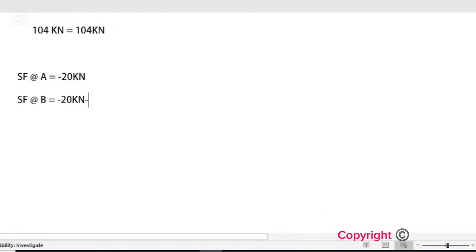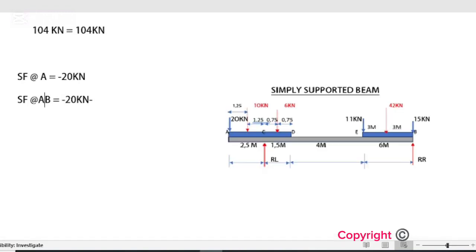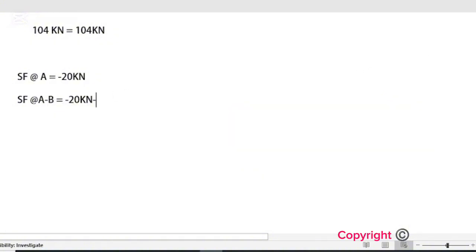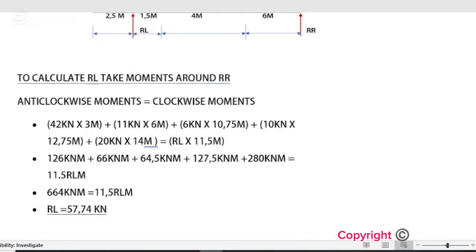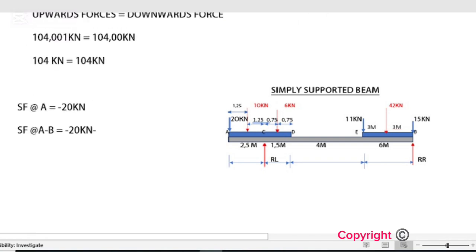This is the shear force between A and B, A to B. 20 minus 10 kilonewton equals to, let me do it in this way, minus 30 kilonewton.